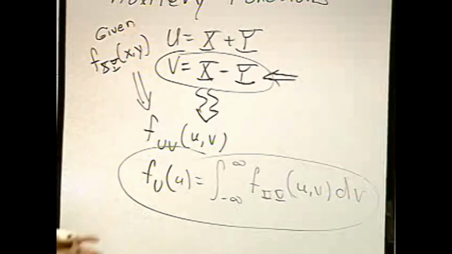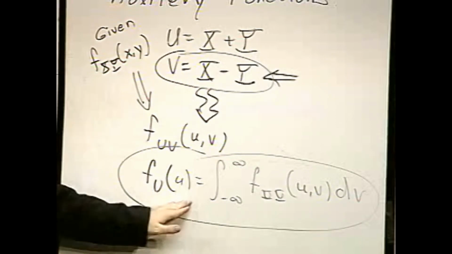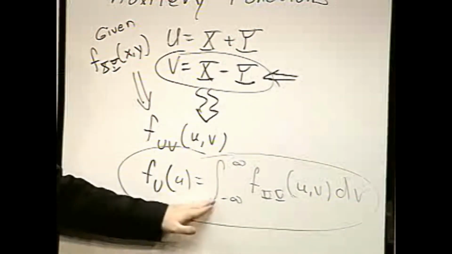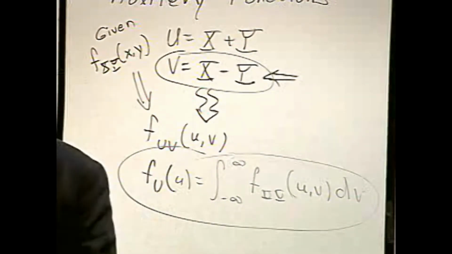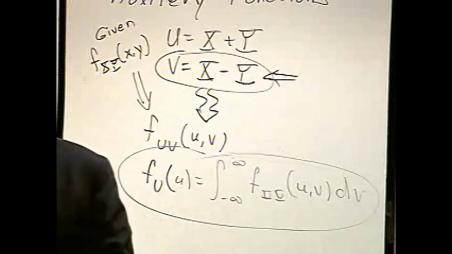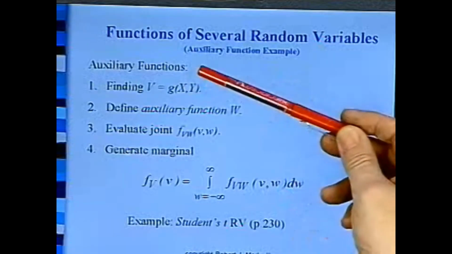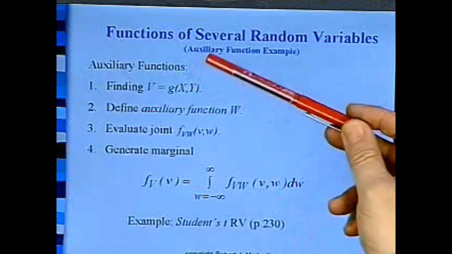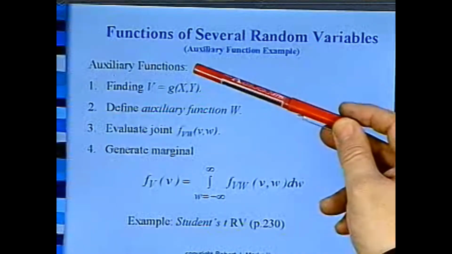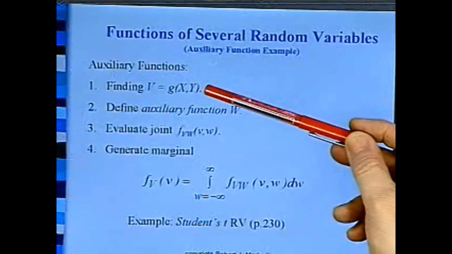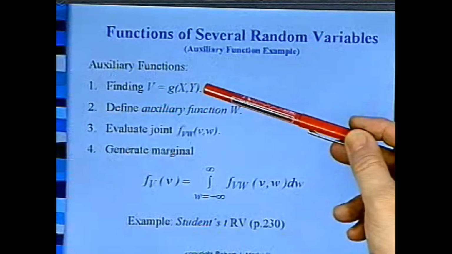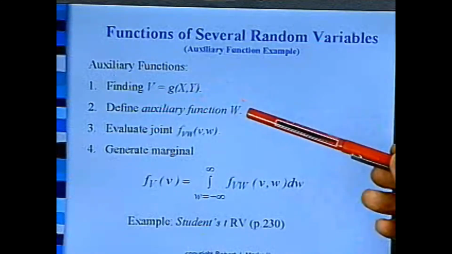So we can use this broader example to do lower dimensional examples. And even though many times it looks like more work, there are many problems where it's really the only way to do it. So let's go to the overhead, and let me go through the steps which I have just specified. We want to find v equal to g of x and y, and we define an auxiliary function w.